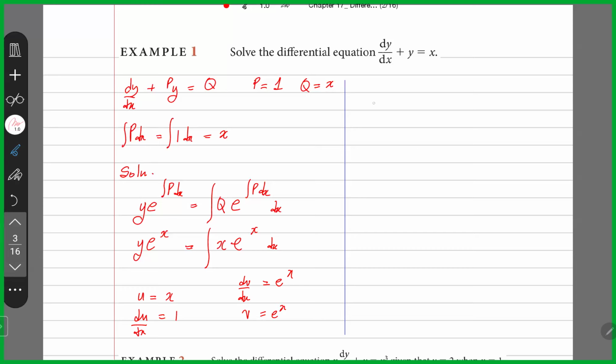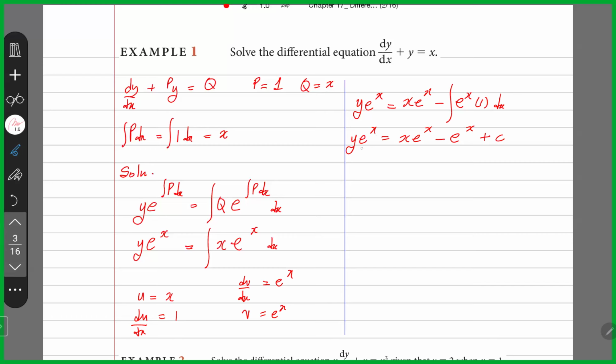So continuing my solution, y e to the x would be equal to uv, which is x e to the x minus the integral of v times du by dx, that is e to the x times 1 dx. So this is x e to the x minus e to the x plus c, which is the constant of integration.